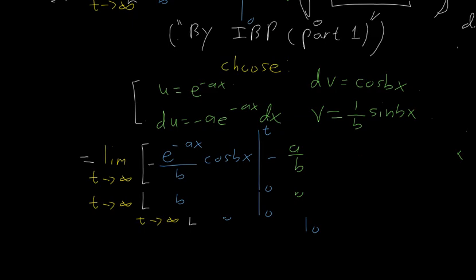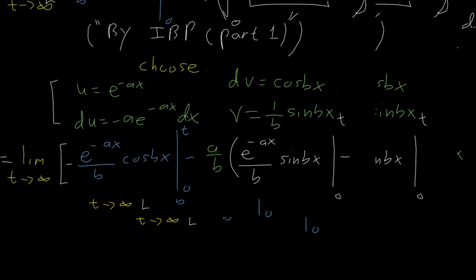So u times v. What was our u? Our u was e to the negative ax. V was 1 over b sine bx. Limits of integration should be from 0 to t, since we're replacing infinity. And then minus the integral of v du.